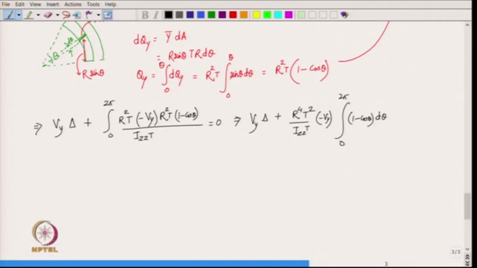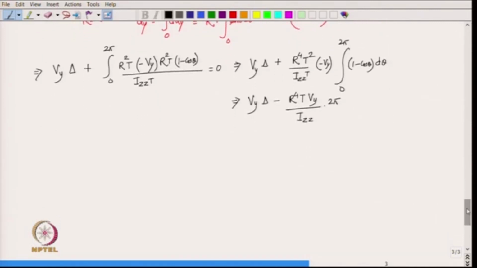Okay. So, when you work out the whole thing, it simply is Vy into delta minus r to the power 4 into the thickness t into Vy divided by Izz into 2 pi. Okay. The integration simply gives us 2 pi.